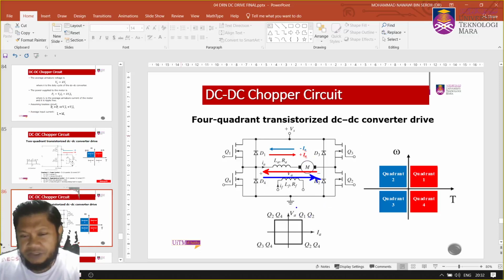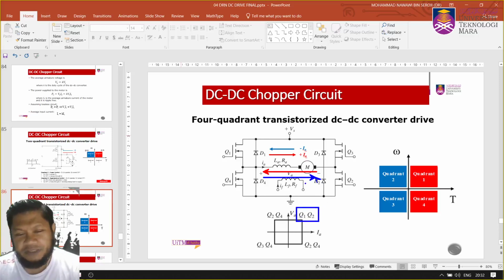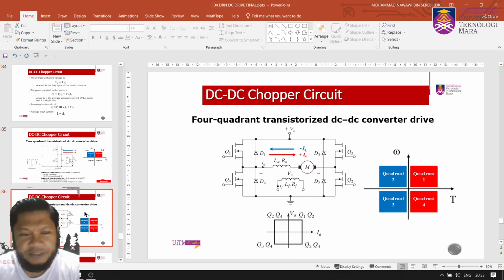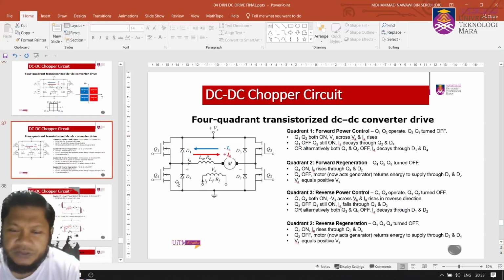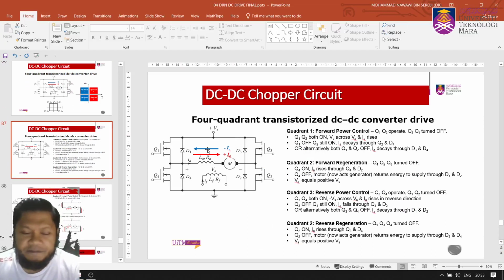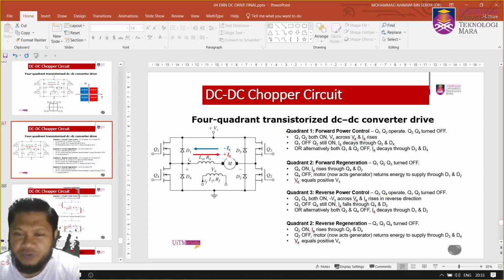So let's consider quadrant 1 operation. In this quadrant 1 operation, Q1 and Q2 will operate. Okay, so let's look further. Here is the same explanation. So you start with quadrant 1 operation.